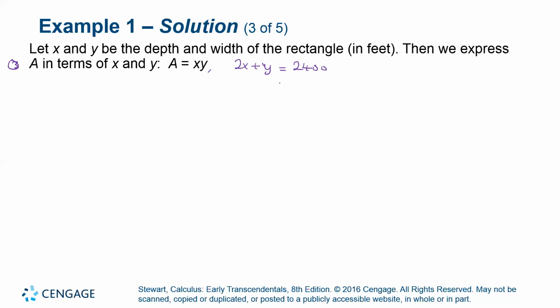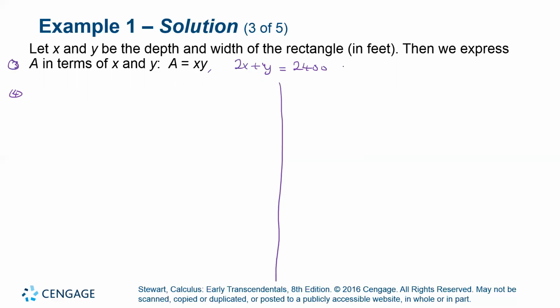Now the question is that we know the area of the rectangle, and we want to express the area in terms of everything else. So we have the area in terms of x and y. Step 4 is to find it in terms of one of the quantities.